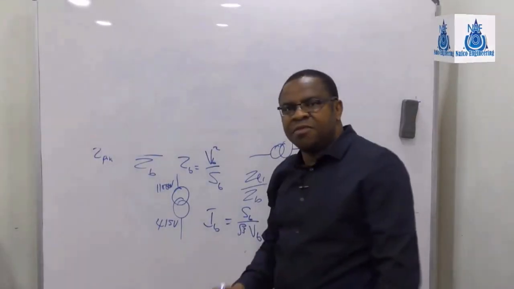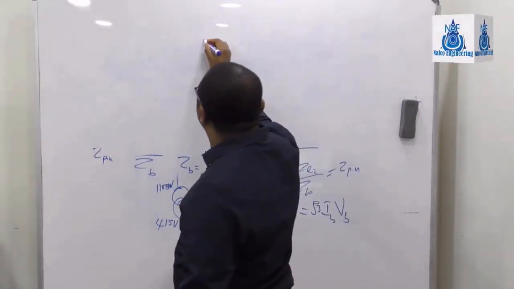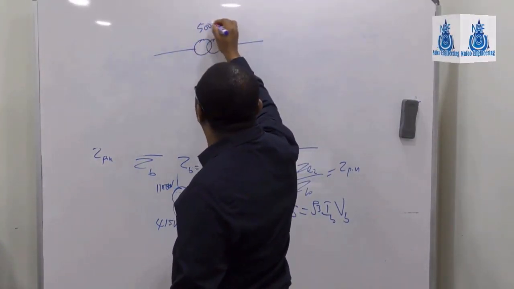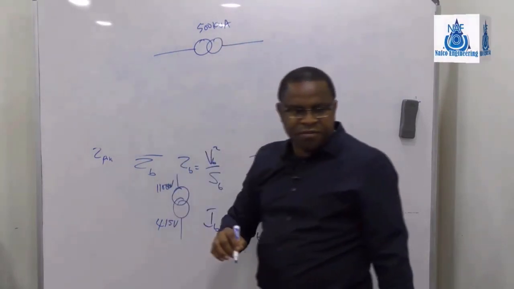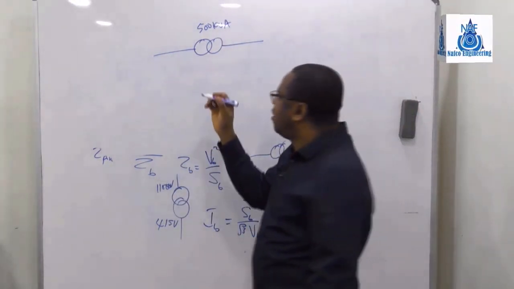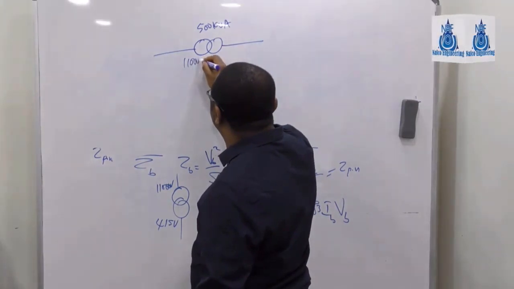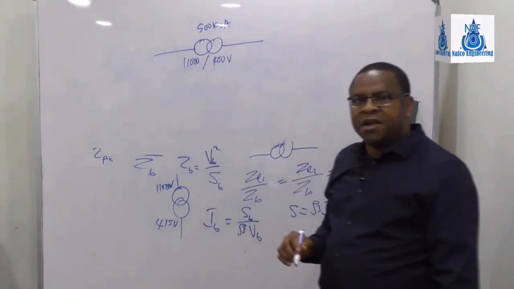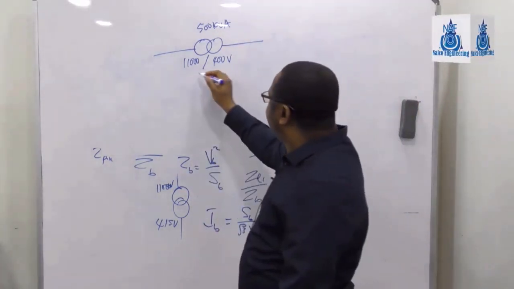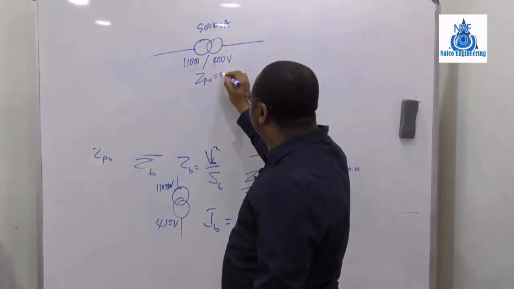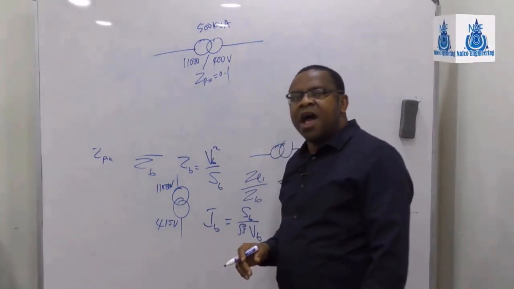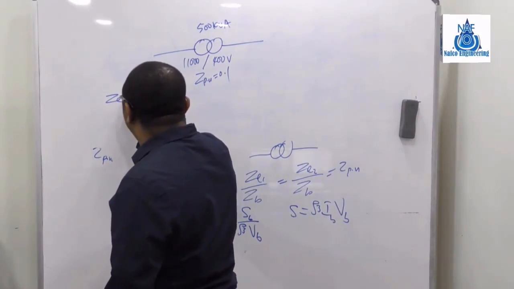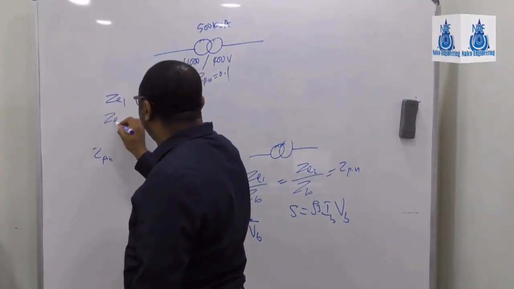Let's say you have a transformer which is rated, say, 500 kVA transformer, and it's an 11,000 slash 400 volts transformer. And then on the nameplate is rated Z per unit 0.1. And the question is: calculate Z equivalent 1 and Z equivalent 2.